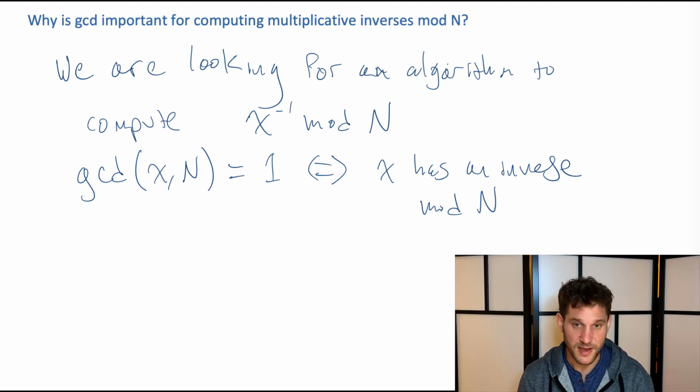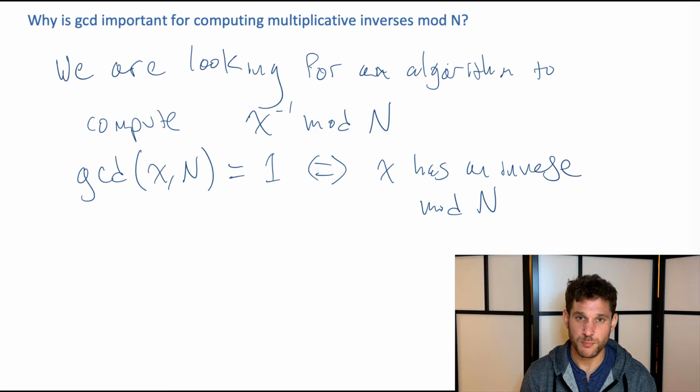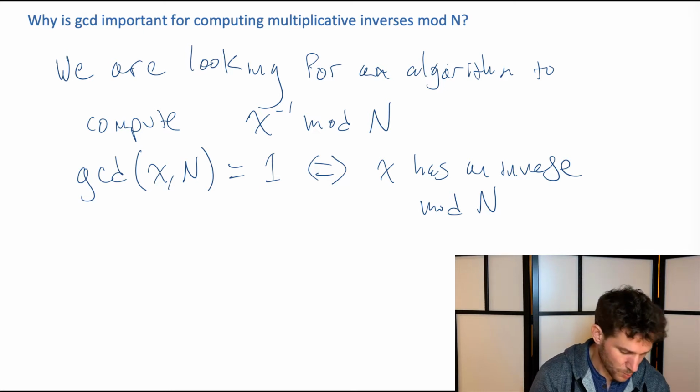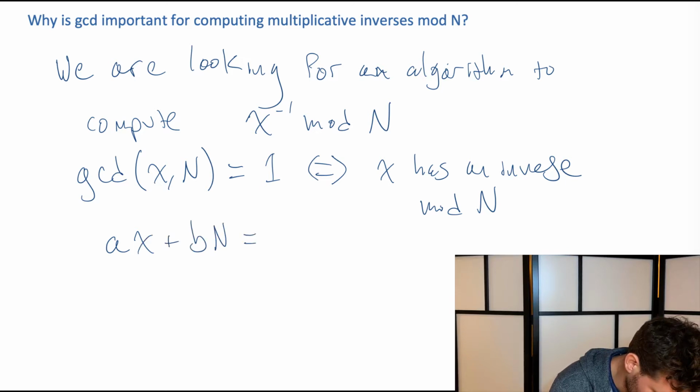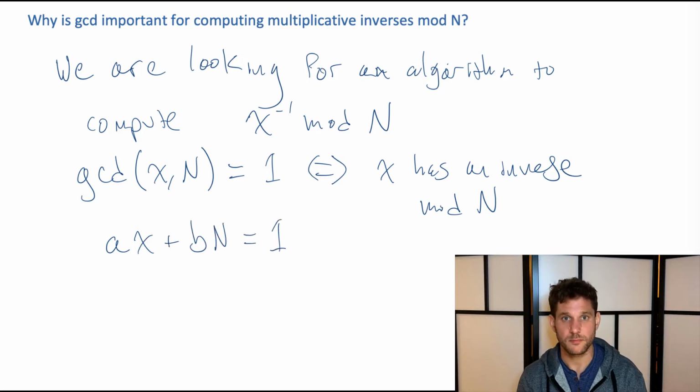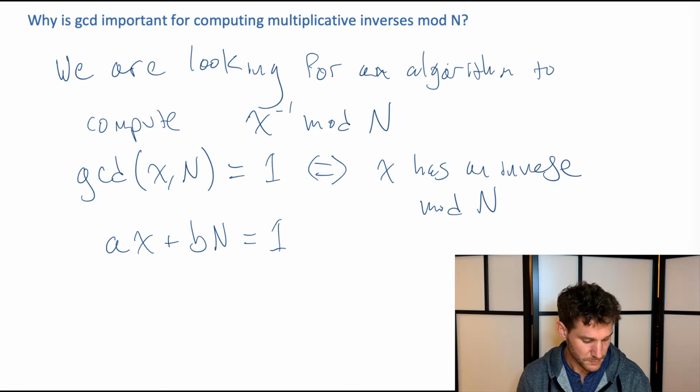So let's just believe that fact for now. If the GCD of x and n is 1, remember from the previous lemma that we just showed, we can then write ax plus bn equals 1. We can write 1 as an integer combination of x and n, and let's say the integer multiples are a and b.